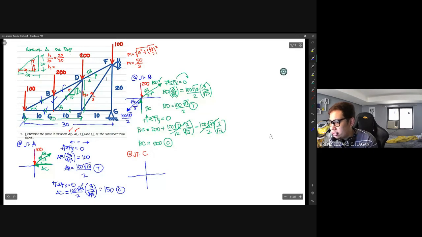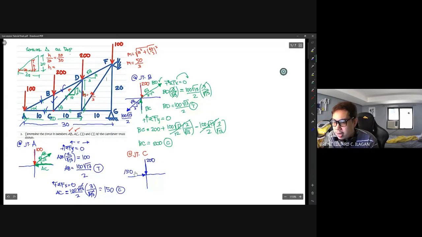Again, kapag compression, paloob. So, BC, compression, which has a value of 200. And then AC, also in compression. So, paloob ulit tayo dito, which has a value of 150.